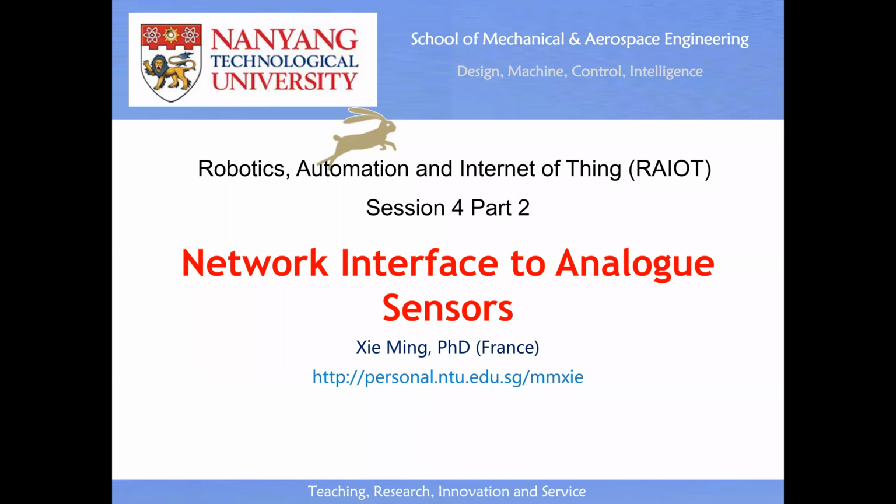So therefore, IoT could be considered as a distributed sensor or distributed actuator. So it is very important for us not only to know what a microcontroller is, but also how to interface with the sensor, and how to interface with the actuator, right?